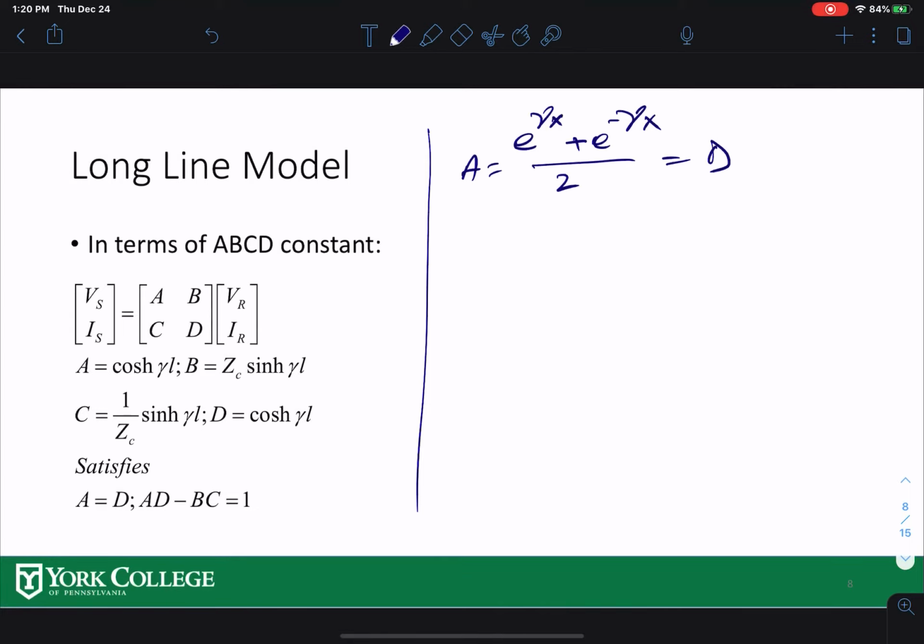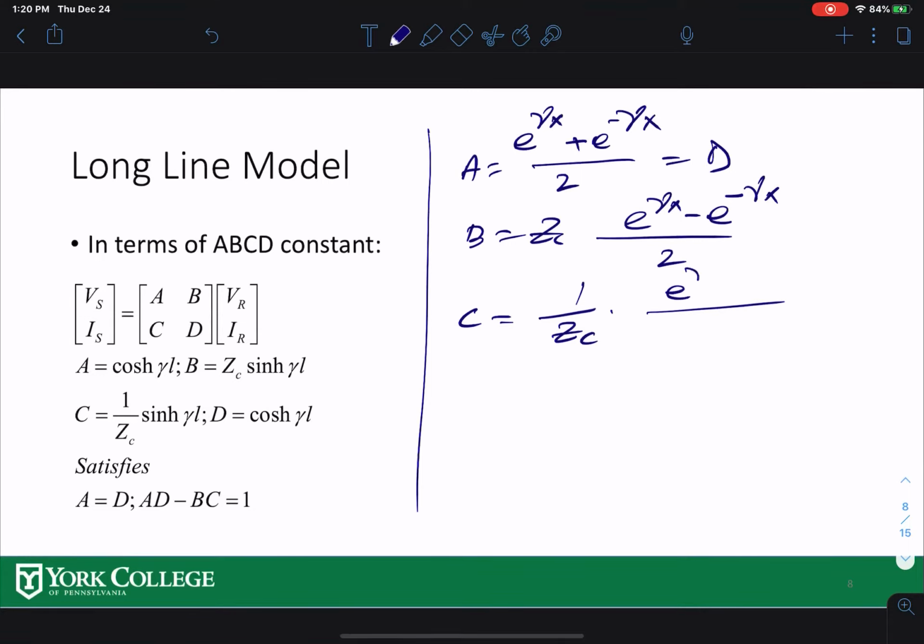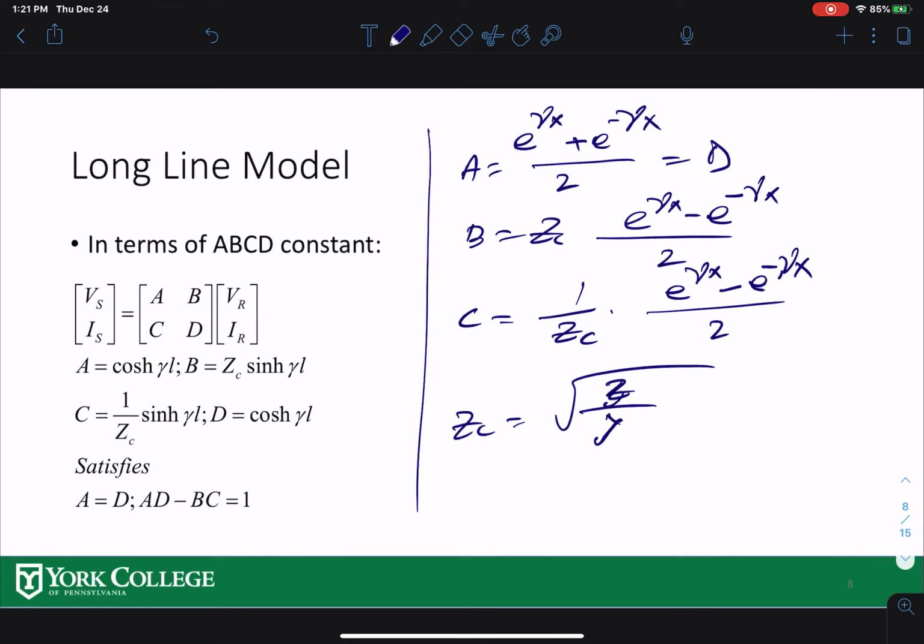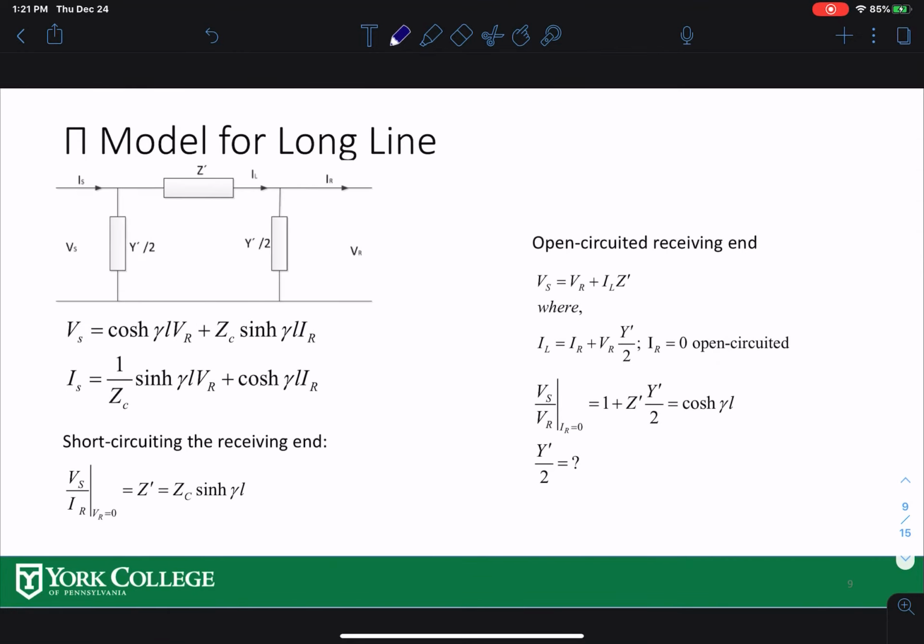That's also equal to D, and B is Zc times exponential gamma x minus exponential negative gamma x over 2, and your C is 1 over Zc times exponential gamma x minus exponential negative gamma x over 2, and Zc again is the square root of small z over y. All right. So that is the model for the ABCD constants. If you know the ABCD constants, you can find voltage and current.